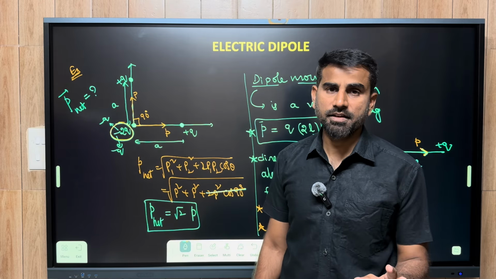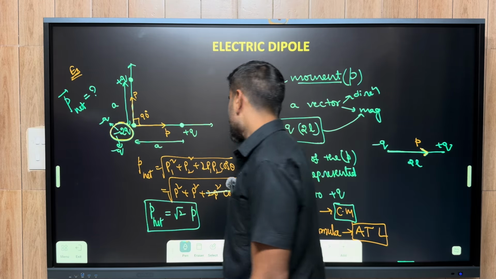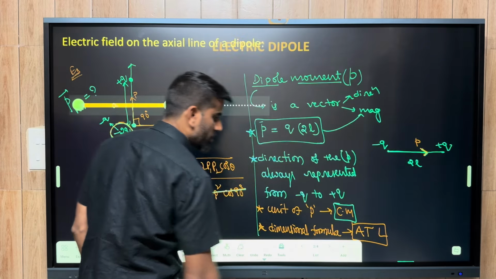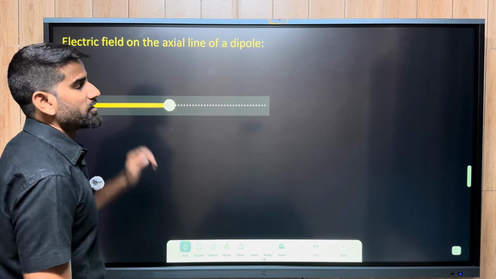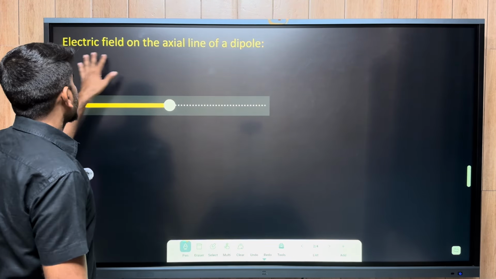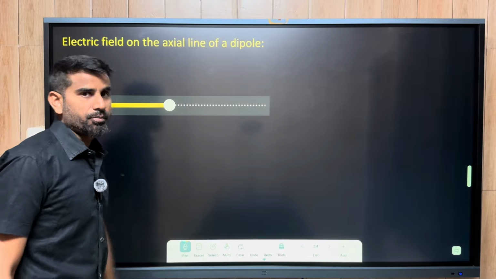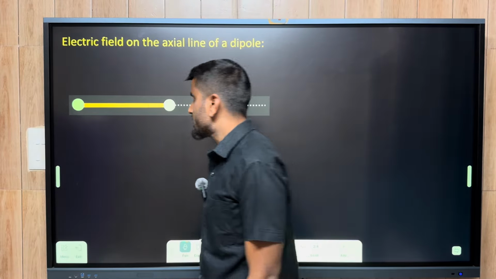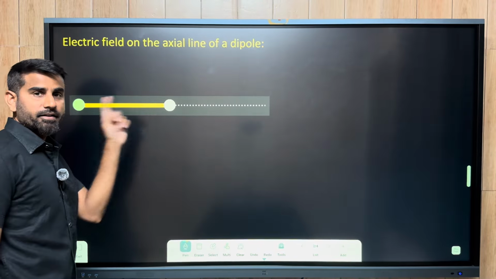If it is clearly understandable, let's move ahead and discuss the next very important concept. Okay, right. Now, electric field on the axial line of a dipole. So where do we have the dipole? This is our dipole.